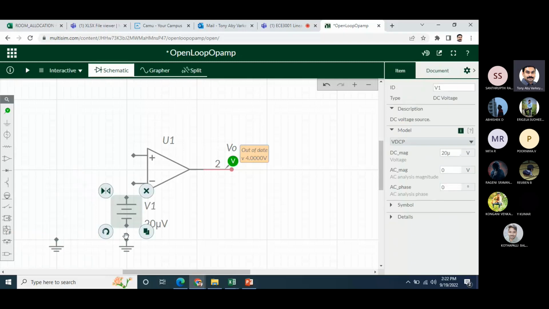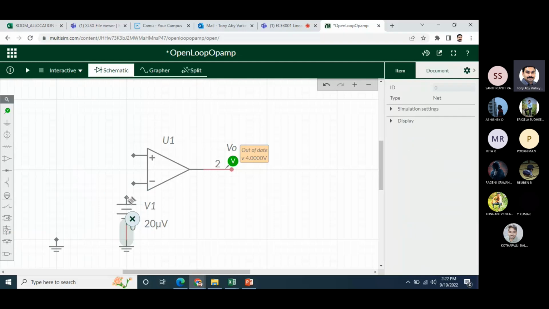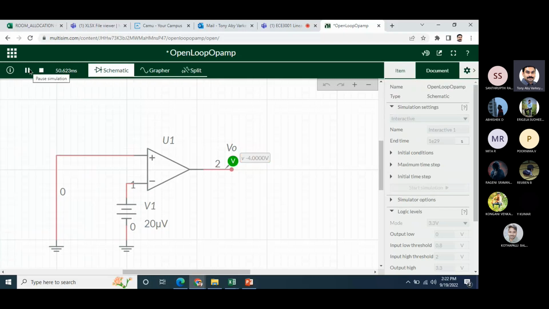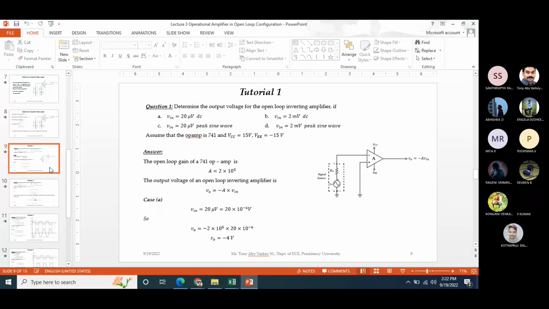So this is connected here. To the inverting terminal, we are connecting the input voltage, and this is okay. Now I'll run. You can see that it will be minus 4 volts, which is same as we got here. First case, minus 4 volts.